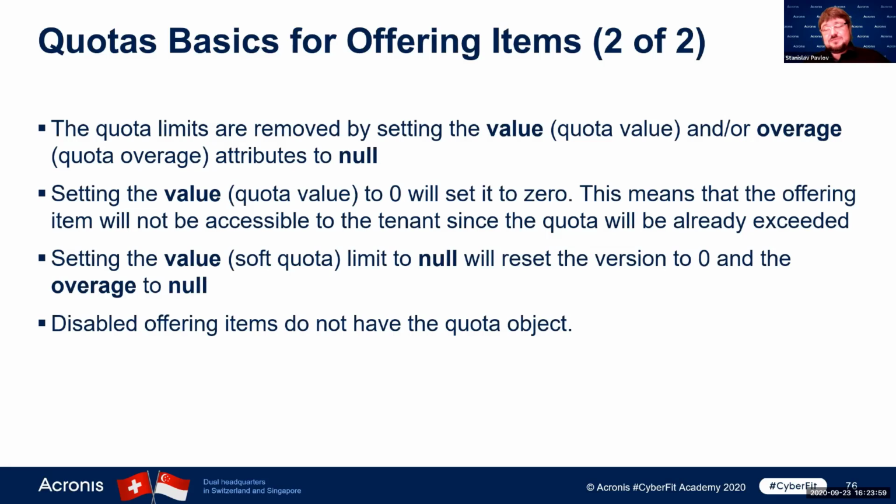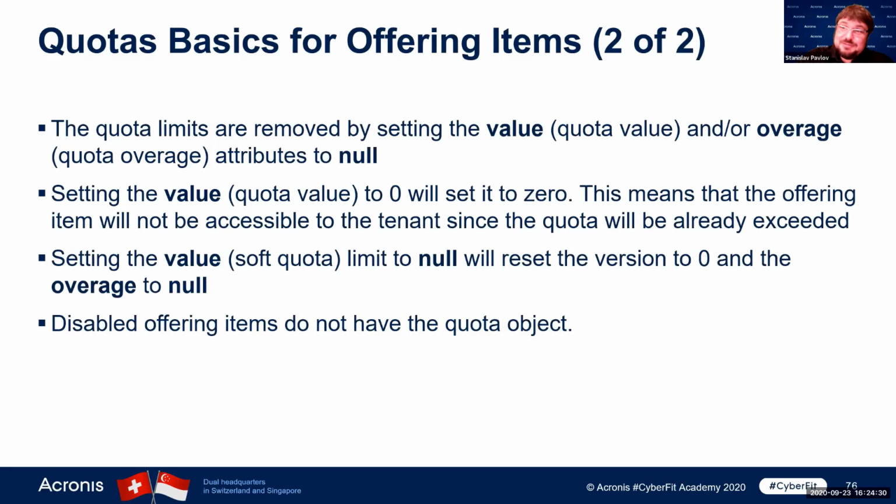So setting values, we have this quota set, and if you want to remove it, we just set the quota value to null, not to 0, because if we set quota to 0, it means that offering items will not be accessible. Because quota, for example for customers, will be exceeded immediately. As soon as you set this value to null, it will be reset.